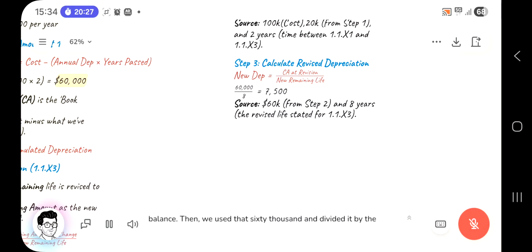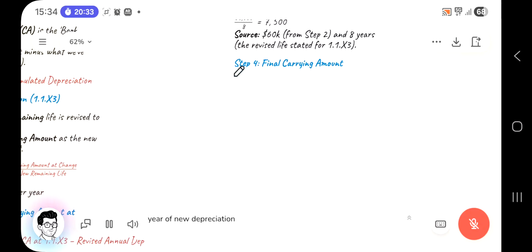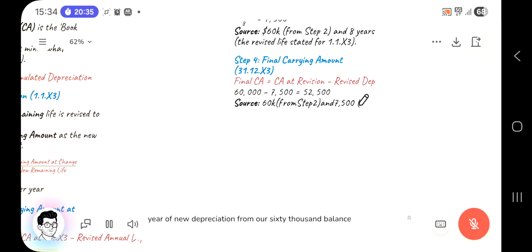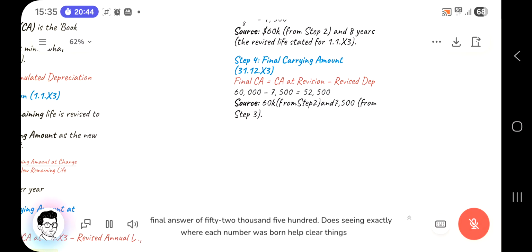Then we used that 60,000 and divided it by the new 8-year estimate to get 7,500. Subtracting that 1 year of new depreciation from our 60,000 balance gave us the final answer of 52,500. Does seeing exactly where each number was born help?